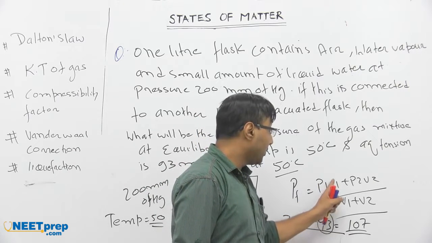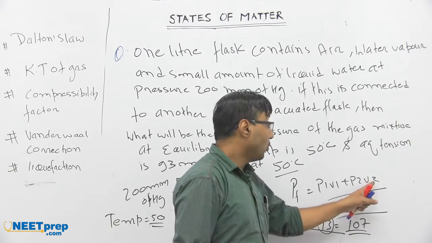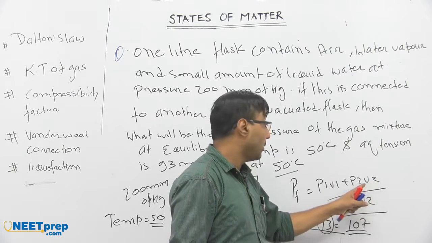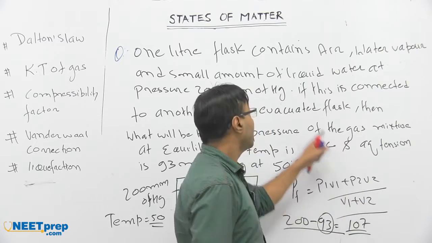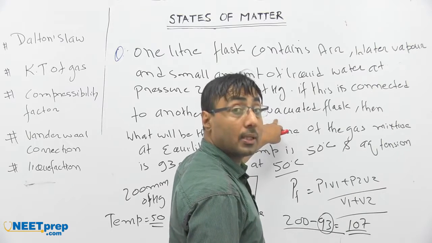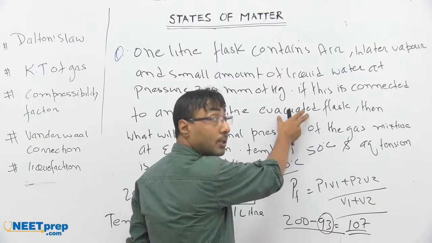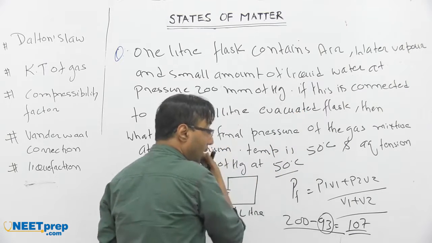Now this one is 107 multiplied by volume 1 liter, plus V2, again volume 1 liter, and P2 is equal to the pressure of the evacuated flask. If the flask is empty, then what is the pressure? Nothing, no pressure is there.